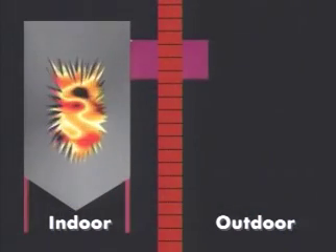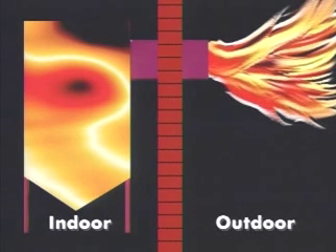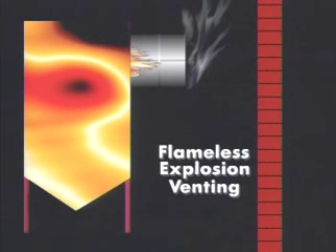Flameless explosion venting. When process equipment is located indoors, one protection strategy is to duct the explosion discharge to the outside. However, this will increase the required vent area. Another protection strategy for indoor equipment is flameless explosion venting. Flameless explosion venting provides fast, reliable explosion pressure relief while retaining particulates and extinguishing the flame from the explosion.